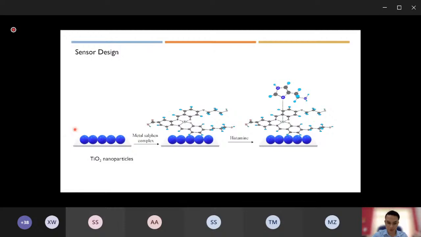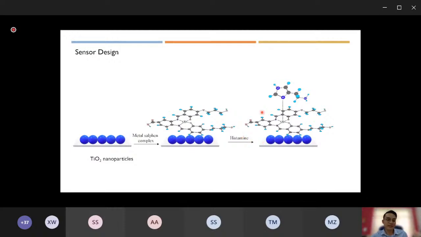We spin coat it onto soda lime glass, the normal glass, as a substrate. The TiO2 is chosen due to its non-toxicity. It provides a large surface area, so it has porosity. The porosity will be filled by our complex solution. Next, we spin coat our sensing material, and it is readily used as the best sensor to detect the histamine.